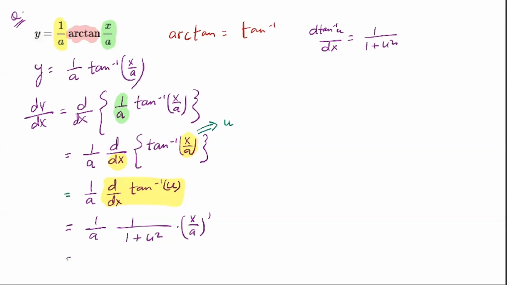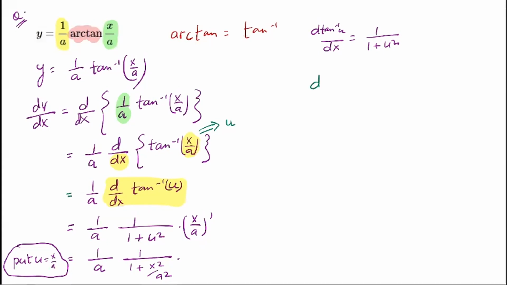Cool. So it is going to be 1 over a and 1 over 1 plus x squared over a squared, because I'm putting the value of u back, u equals x over a. And what is the derivative of x over a?